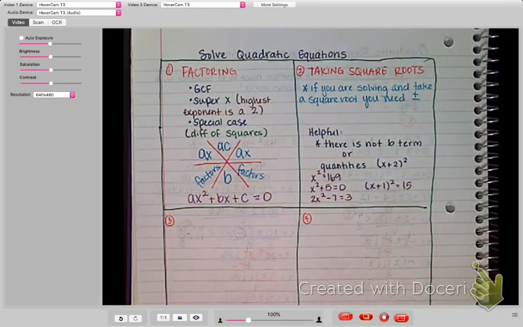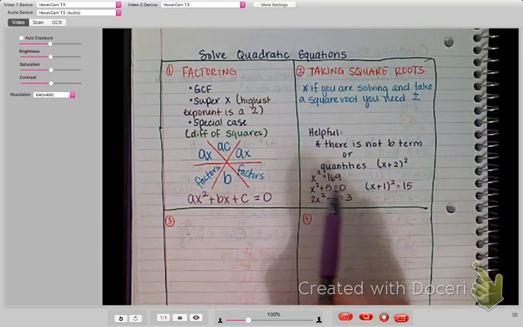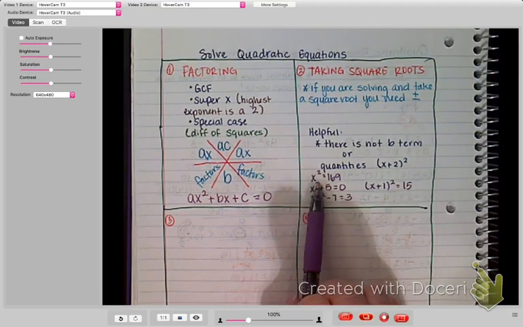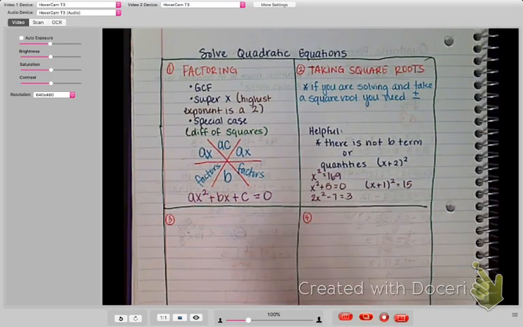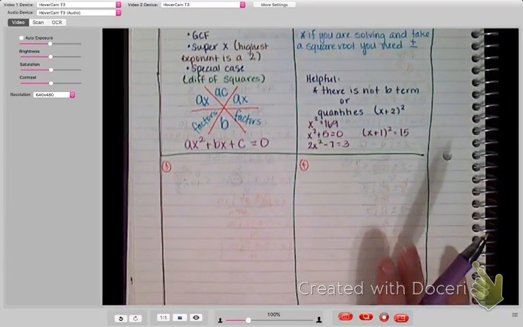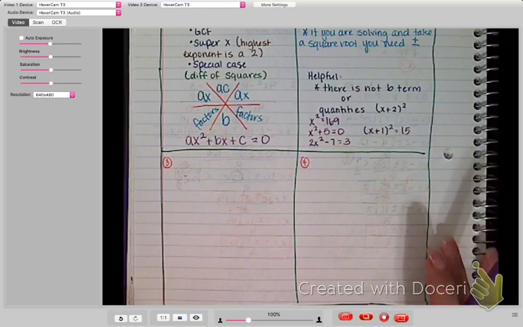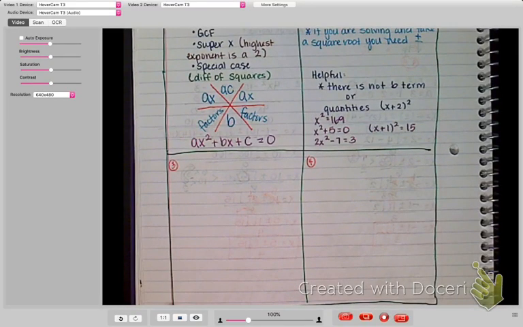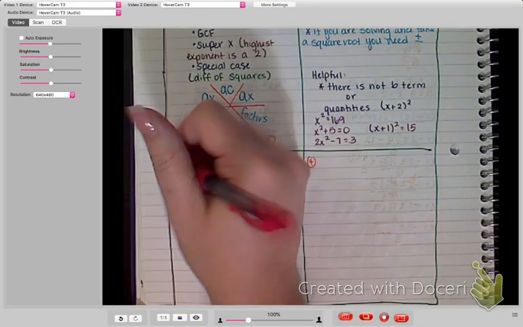All of those would be examples of when I would probably take square roots. Again, you'll see you have no B term in any of these, and then you have quantities there. The third method that we looked at was completing the square.